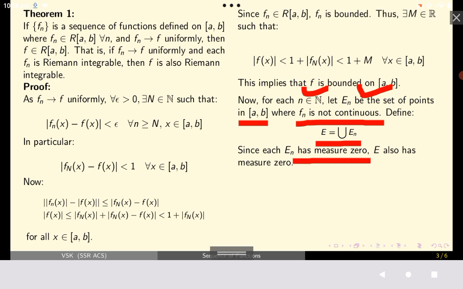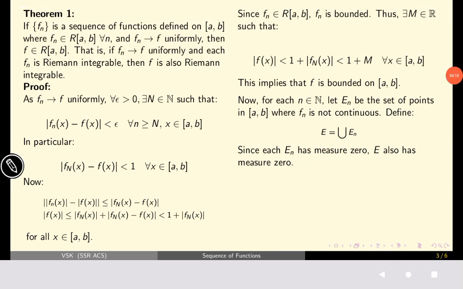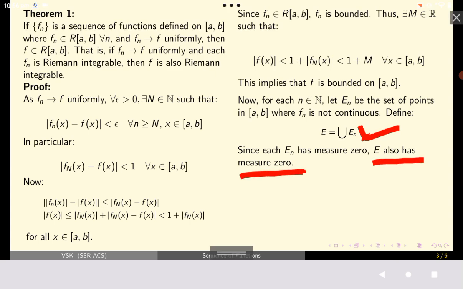Because each Fn is Riemann integrable, so each Fn is continuous almost everywhere. So the set of points En where it is not continuous is of measure 0. And because E is the union of En, E is also of measure 0.